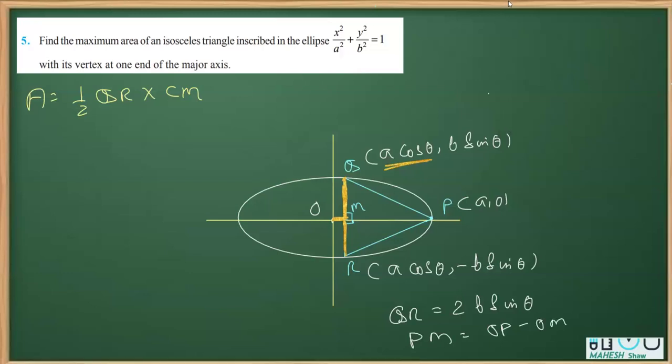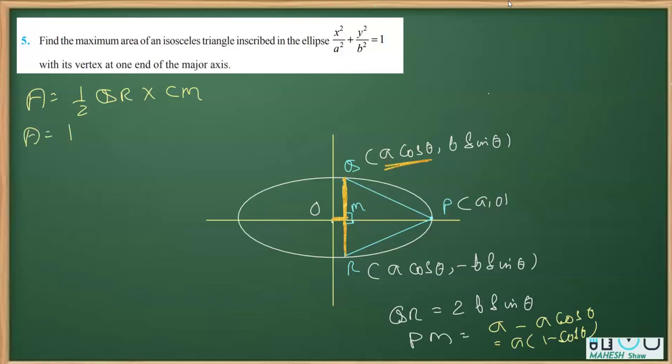OP is A. That's clear from the figure. And what is OM? OM is A cos theta. So if I take A common, we'll get A times 1 minus cos theta. Right, so now we can place the values here.